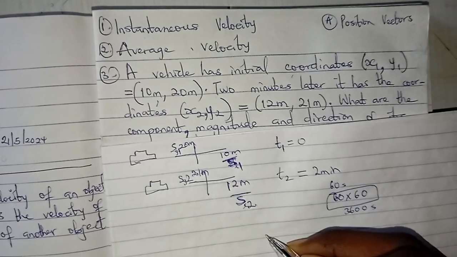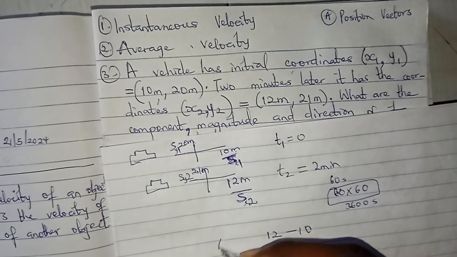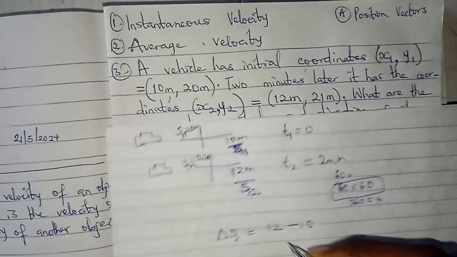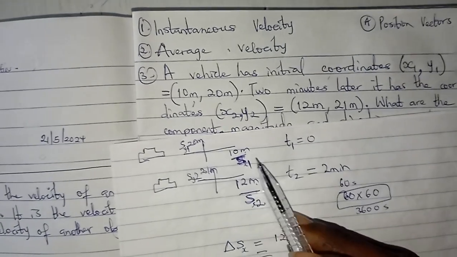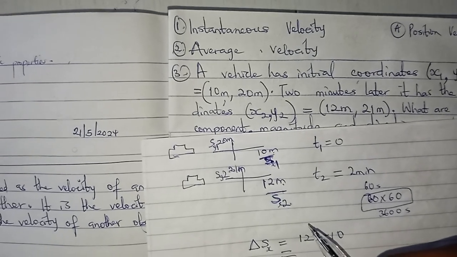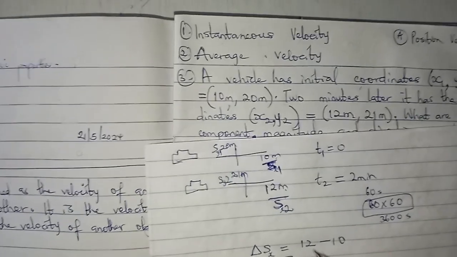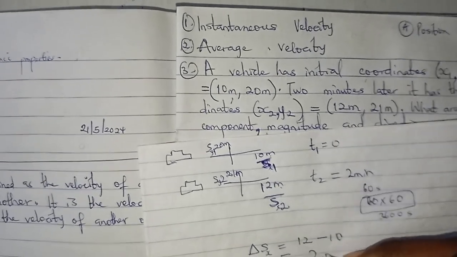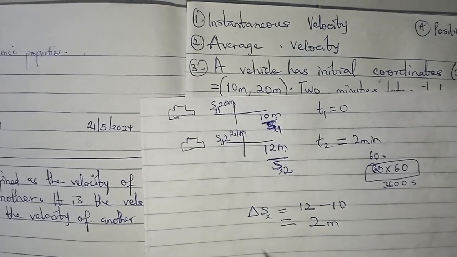So I will do 12 minus 10, that is for the change in sx. Shebi? Yes. So it's going to be 2 meter. That is the change in the displacement.